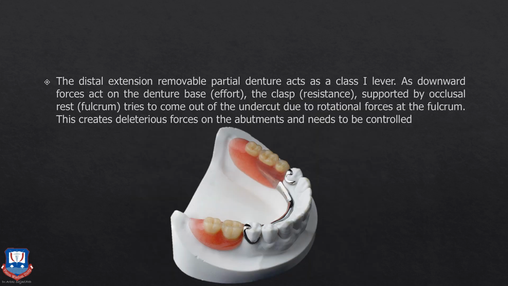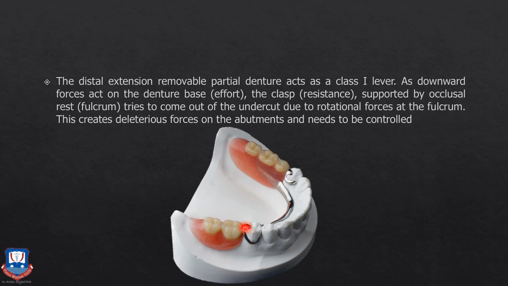Next, in the distal extension RPD, the class 1 lever is the one of most importance. This occurs as downward forces act on the denture base, that is, in a Kennedy's class 1 or class 2 bilateral distal extension situation, say when the patient is chewing a sticky food like chewing gum, and the denture rotates around the occlusal rests on the terminal abutment teeth.